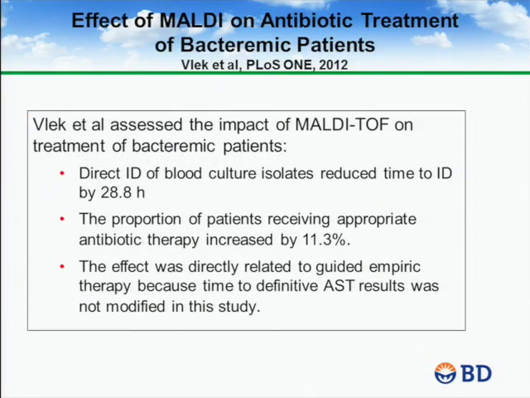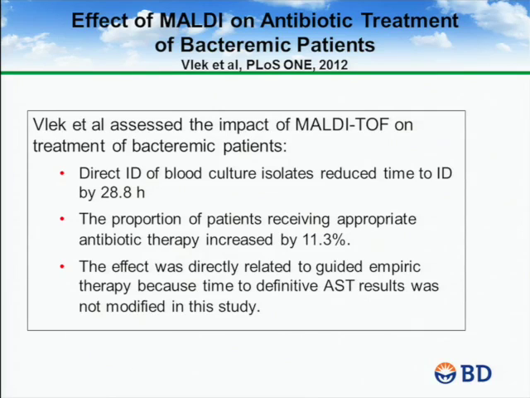Looking at the impact on antibiotic therapy, another study that was done, this was done in Texas, published last year. What they demonstrated was the direct identification of blood culture isolates reduced time to detection by, again, more than 24 hours. The proportion of patients that received appropriate antibiotic therapy was increased by 11%.